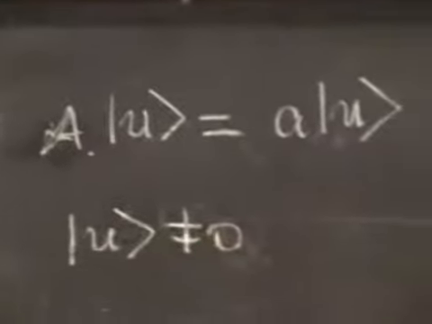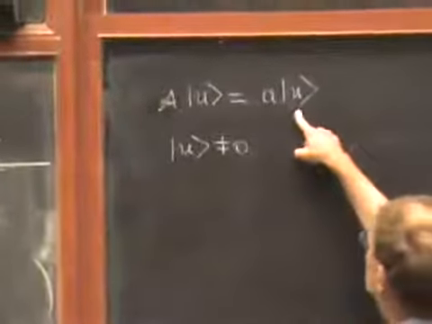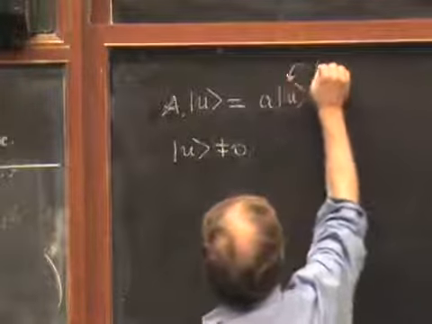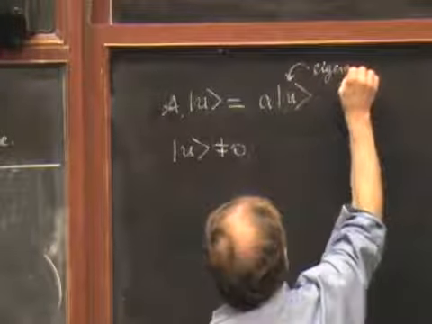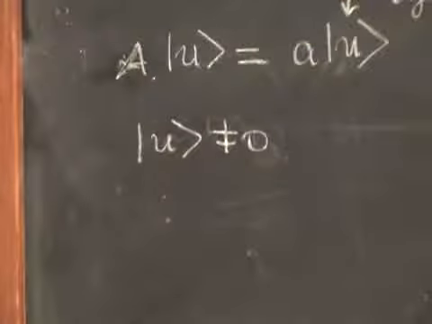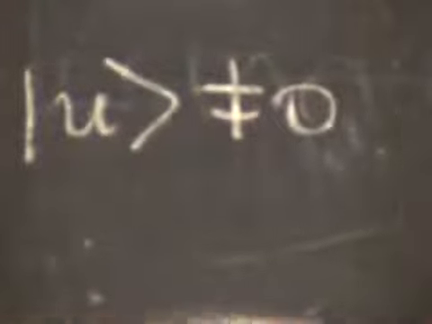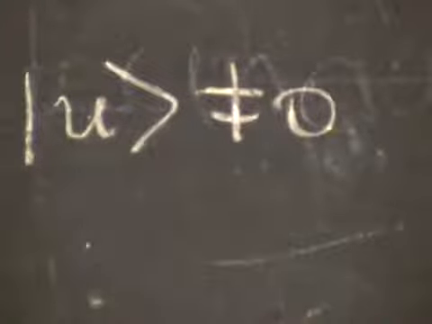Here, capital A is the operator, and lowercase a is what we call the eigenvalue, as I guess you all know. And likewise, the ket u here, we'll call this the eigenket. Or sometimes eigenfunctions if we're talking about wave functions, or eigenvectors. Anyway, that's the eigenket and the eigenvalue. The eigenvalue, as I mentioned, in general is a complex number. It depends on the operator A.